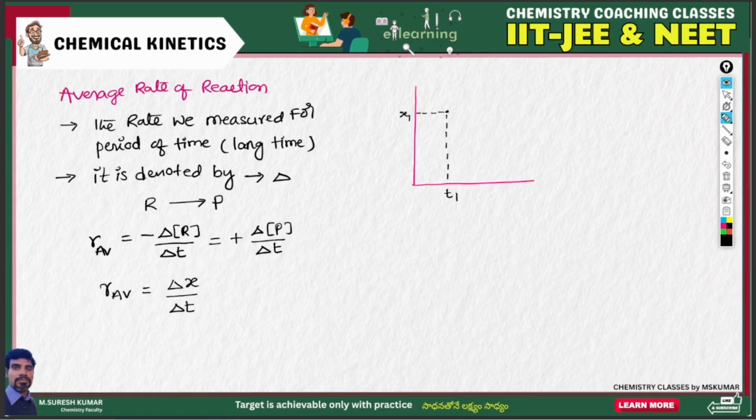Now after a certain time the concentration of reactant decreased, and at time t2 it is taken as x2. Now join these two points and draw a line, then we get a rectangular hyperbola.